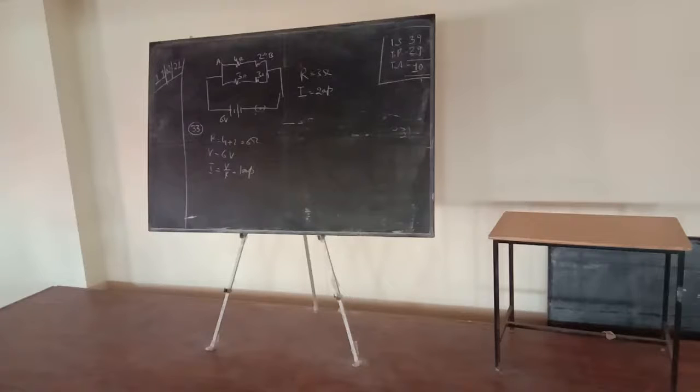Who told you? The current in parallel is the same. So it means that this fan and the bulb, they are connected in parallel. That means they are getting the same current. No, it's not true. Aman?